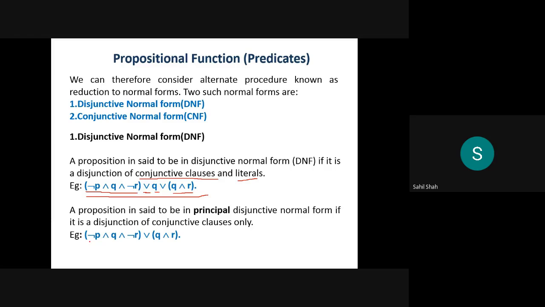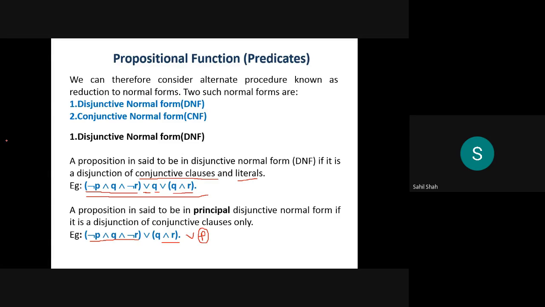So this is one conjunctive clause and this is another conjunctive clause. I cannot put here using or. Okay, if I put here P, so this will be in normal disjunctive normal form, but it will not be in principal disjunctive normal form. Such is not expected in principal. You have to have conjunctive clauses only. Let us move ahead.